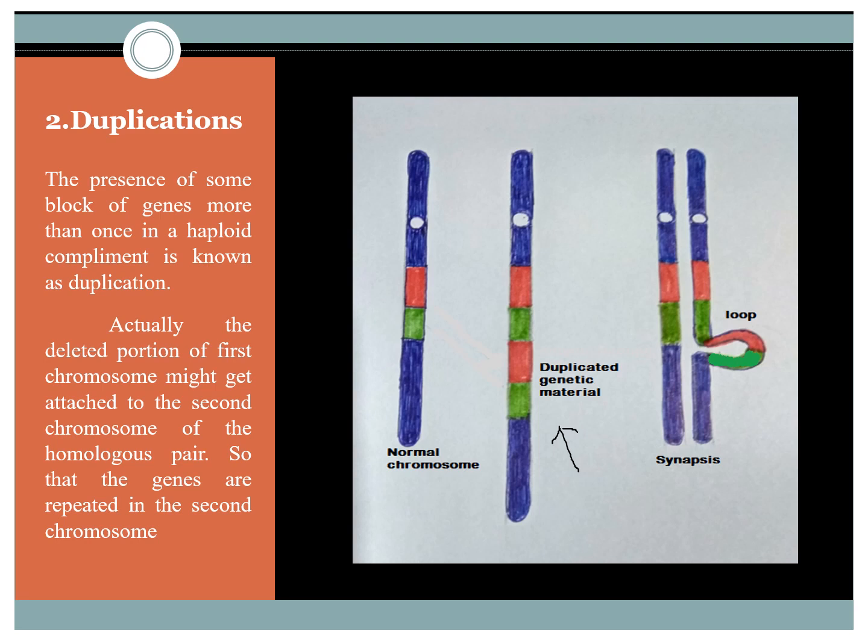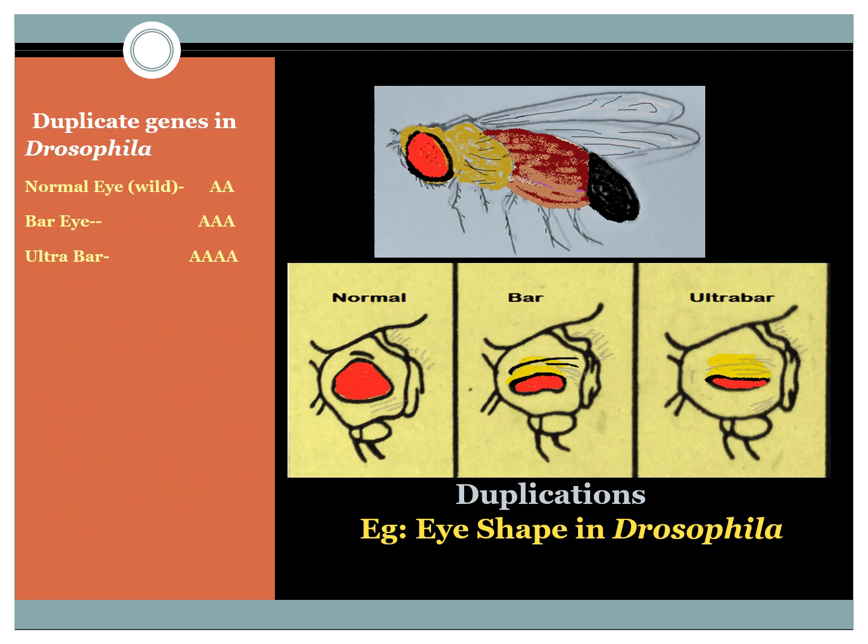Duplications generally play an important role in the evolution of new species. An example is the appearance of the bar eye character in Drosophila. In Drosophila, if the genes are duplicated or repeated, the shape of the eye also changes.